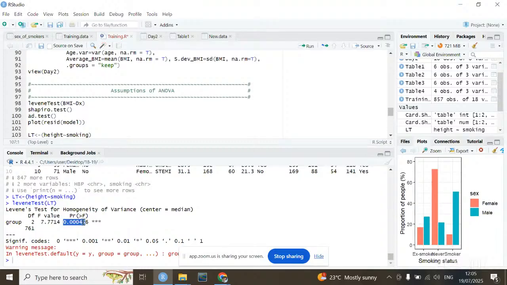So this shows that our variance is not equal, because the assumption for Levene's test is that the variance is equal. That is the null hypothesis, but the alternative hypothesis assumes that our variances are unequal. When the p-value is greater than 0.05, we fail to reject the null hypothesis and say the variances are equal. But since the p-value is less than 0.05, we can conclude that our variances are not equal.